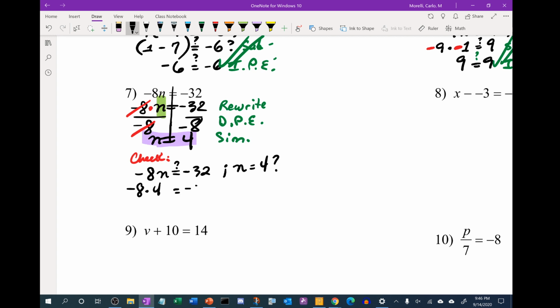And this should equal negative 32. Does it? It's a question. Well, negative 8 times 4, a negative times a positive is a negative. 8 times 4 is 32, so negative 8 times positive 4 is negative 32. And does that equal negative 32? Yeah, it does. And how do we know that? By the identity property of equality. And this was substitution right here.